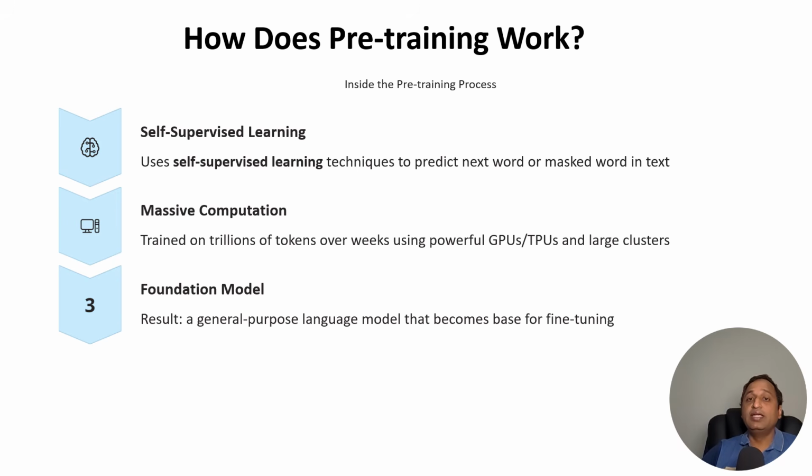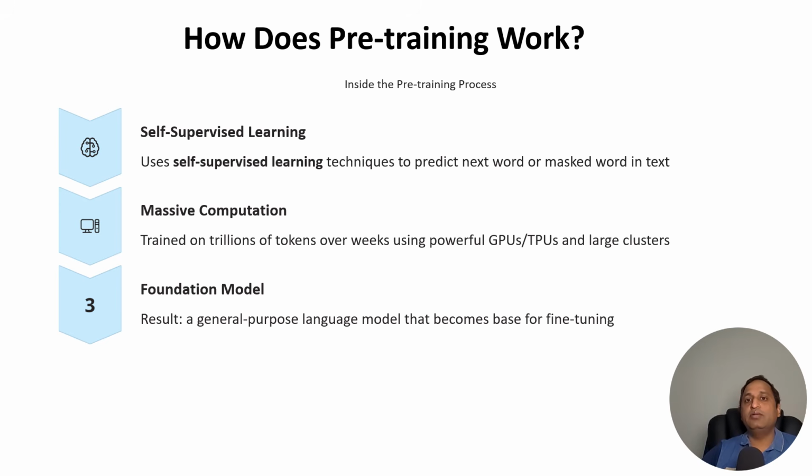The result is a general-purpose language model. It can read, write and reason, but it doesn't know your company data or your specific task. This pre-trained model becomes the starting point for all downstream tasks like fine-tuning, prompt engineering or RAG.